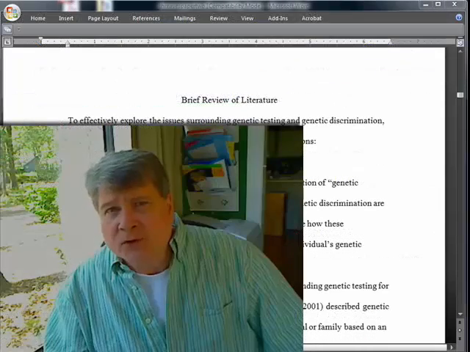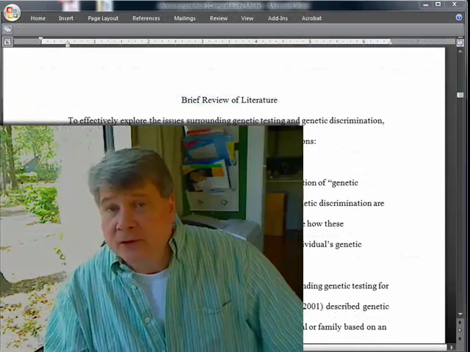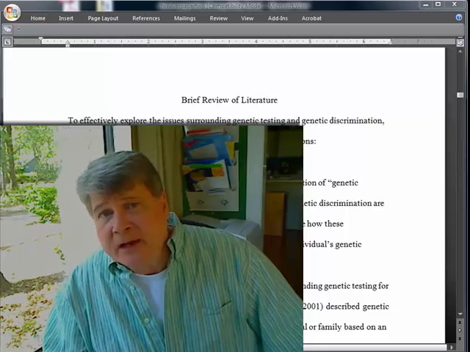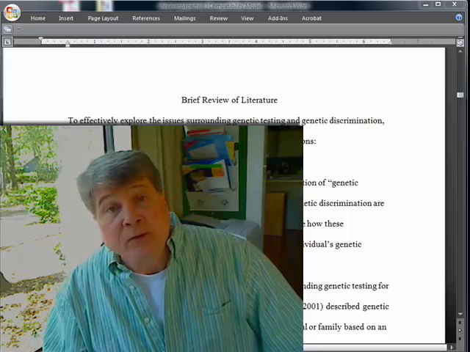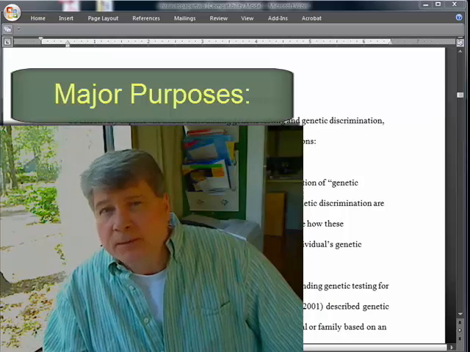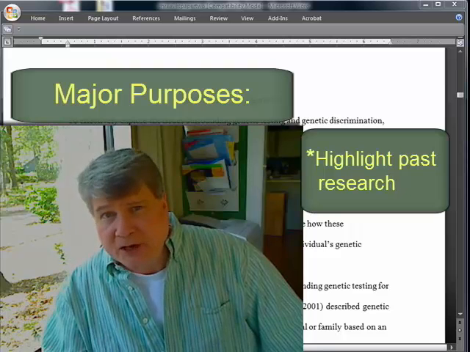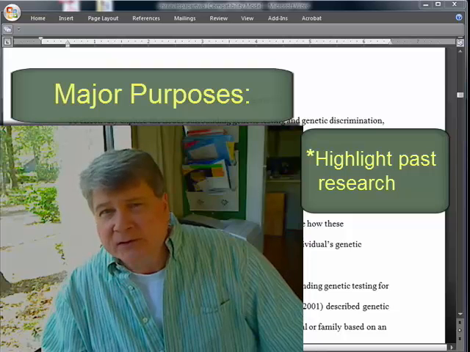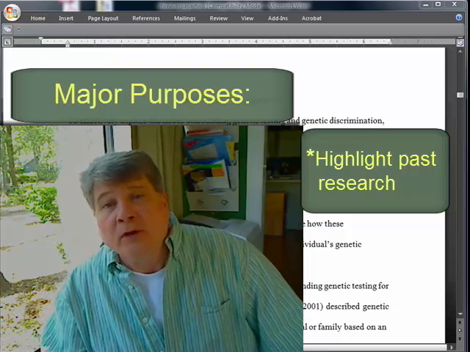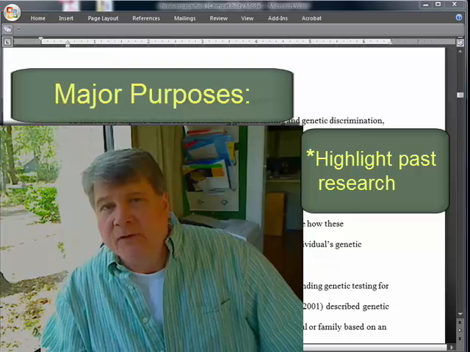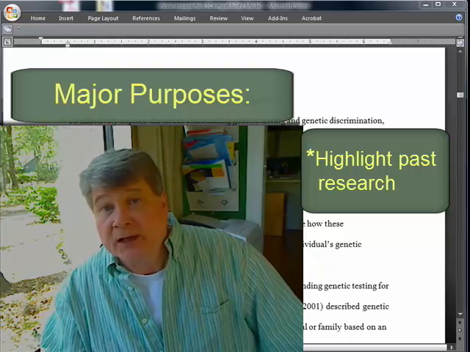Now the next thing I want to look at is the review of literature. And in an APA style research project, the review of literature has 2 major purposes. One is to present a snapshot, not an exhaustive study, but only hitting the highlights of the previous research done in this area.